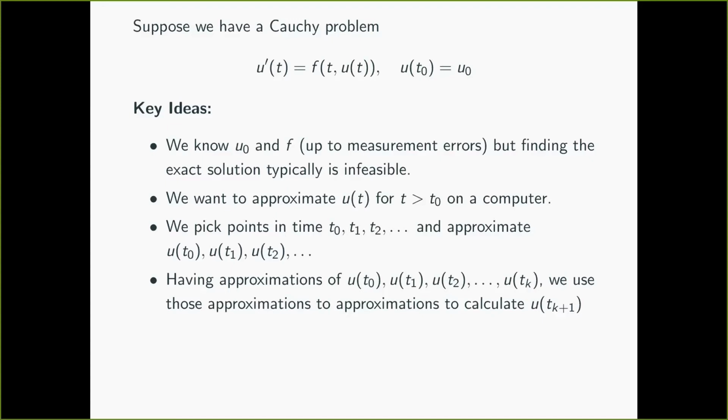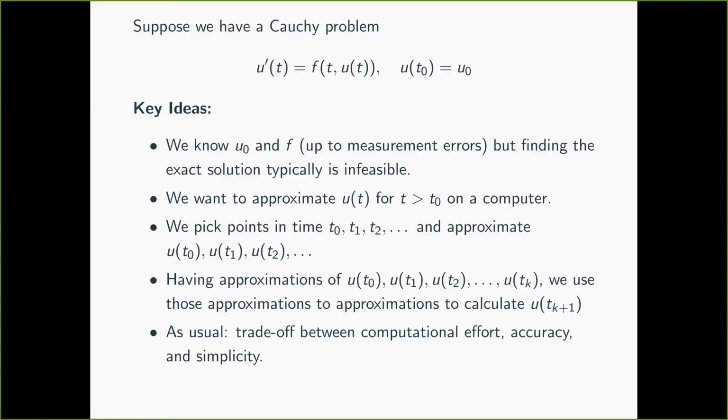So basically the next approximation at time tk plus 1 is calculated from the information that we already have from the previous approximations. In fact, for the most common numerical methods, in order to approximate, for example, u at time tk plus 1, we only use the approximation of u at time tk. But there are also so-called multi-step methods where we go further back in time to find the next approximation.